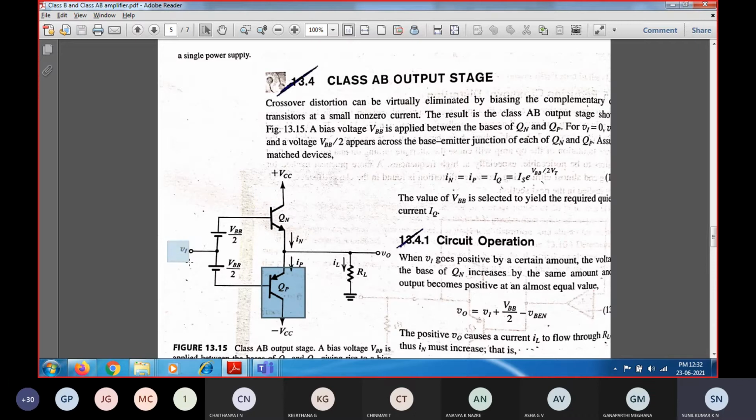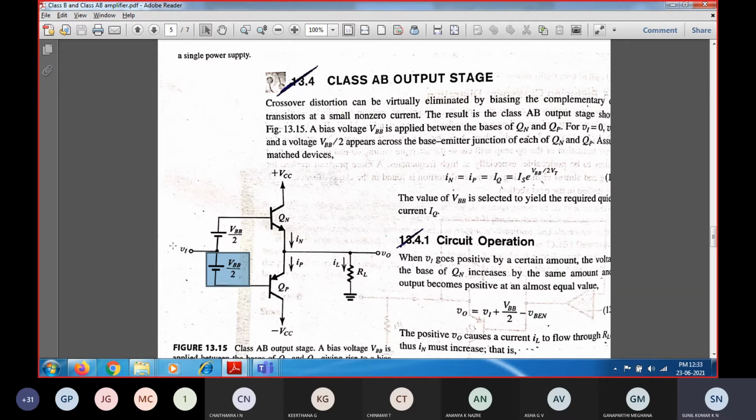With the input voltage, you will get the output voltage starting from 0 itself. Whenever the input voltage is increasing, at the same time the output is also going to increase. When VI becomes negative, the base to emitter voltage of the QP transistor is going to reduce, and the QP transistor is going to act as an emitter follower in the reverse way.